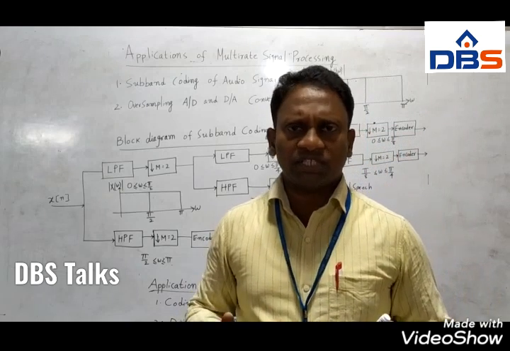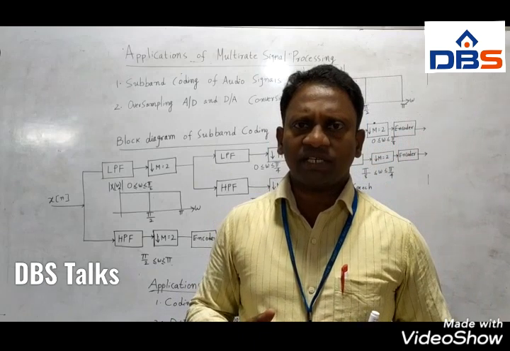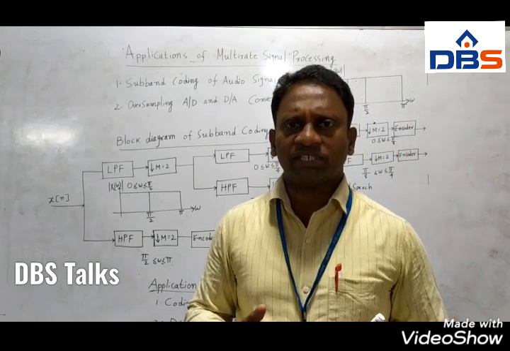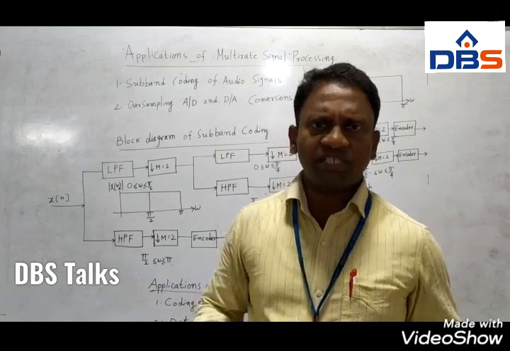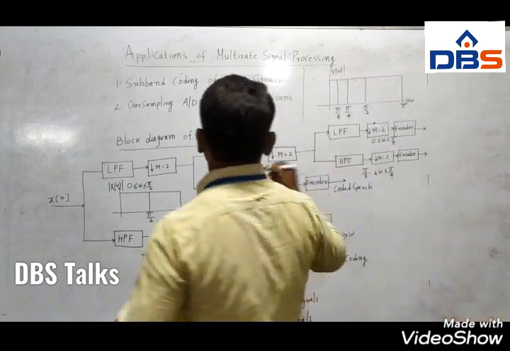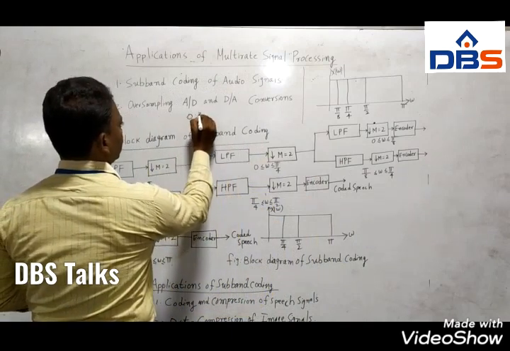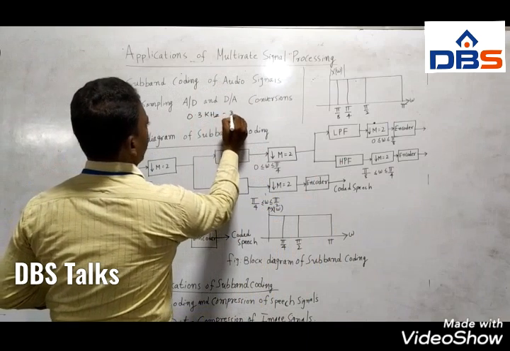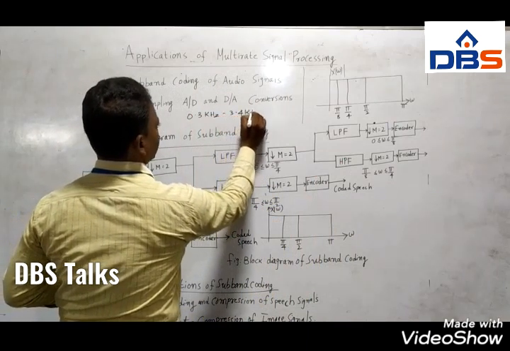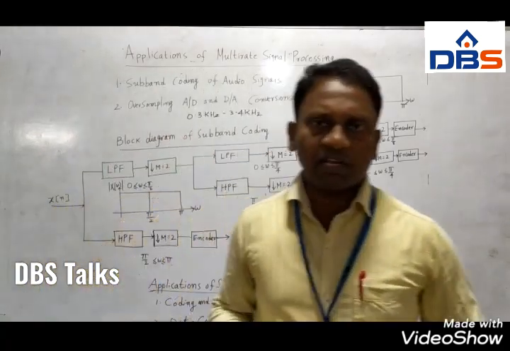If you see the audio signals, most of the energy is concentrated at the low frequencies, as we know that the audio frequency band or speech signals have a frequency band of 0.3 kilohertz to 3.4 kilohertz. This is the general conversation frequency.